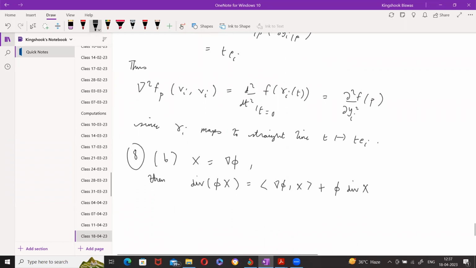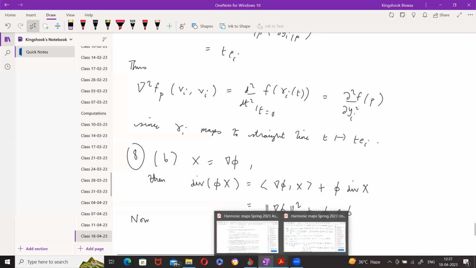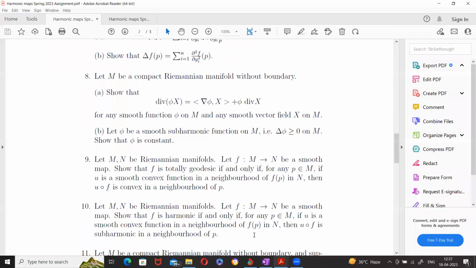X is grad phi, so the first term becomes norm grad phi squared, plus phi times the divergence of grad phi, which is the Laplacian of phi. So this becomes norm grad phi squared plus phi Laplacian phi.